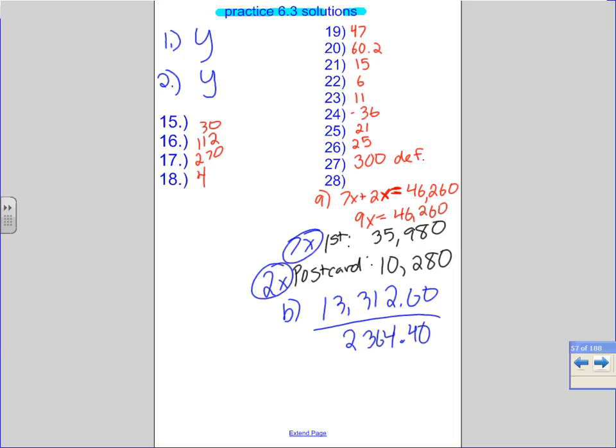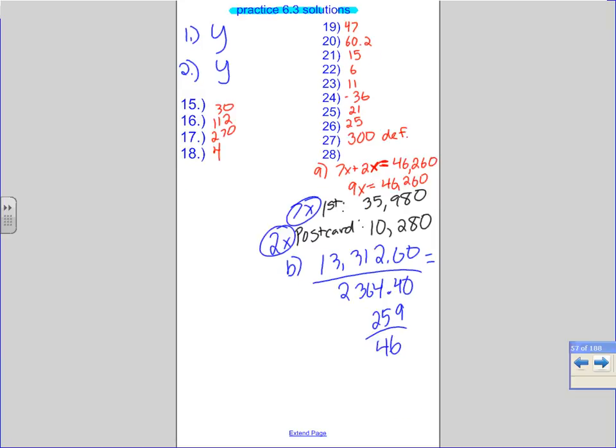I simplified it on mine, but I did definitely want the initial ratio of what Emma H. gave us. So who did simplify and would like to give us the simplified answer? Charles? Good. 259 over 46 is the simplified answer. So either one of those is fine. Again, I want the original one. It didn't say to simplify completely here, but like I told you Friday, always simplify ratios.